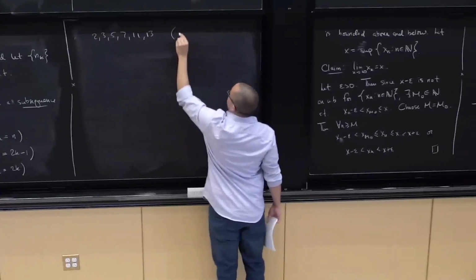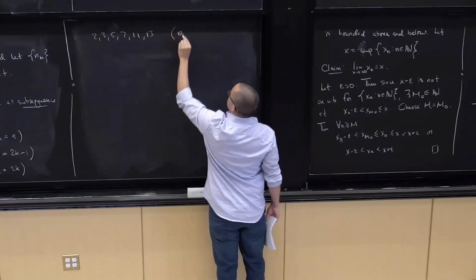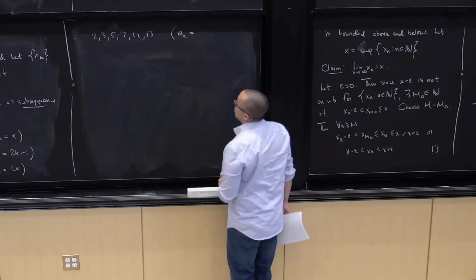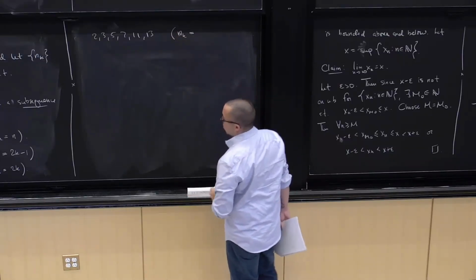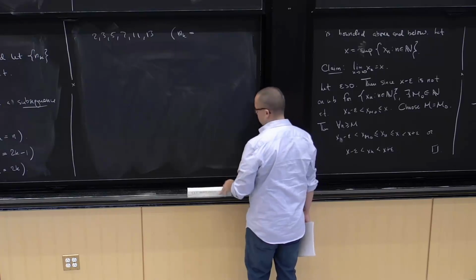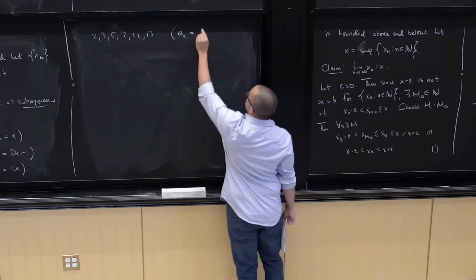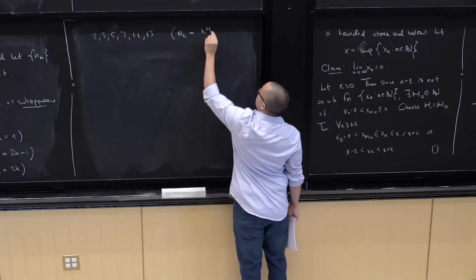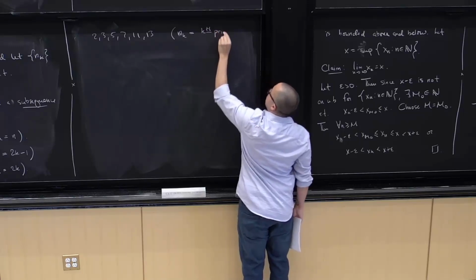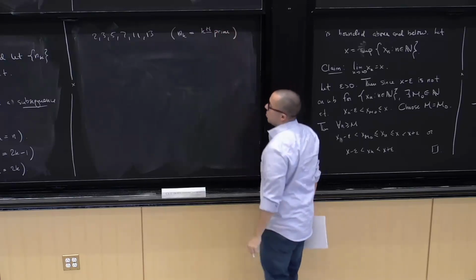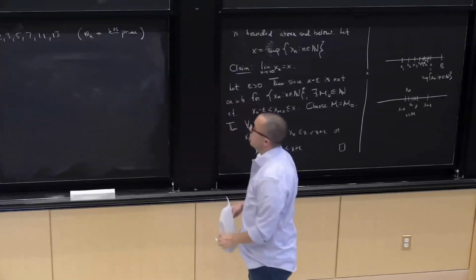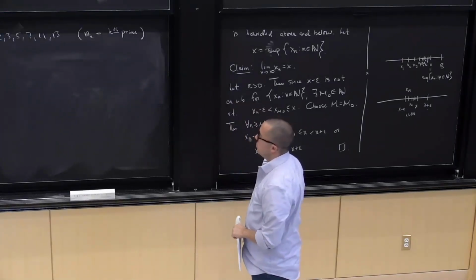And the increasing sequence, yeah, so I don't have a general formula for that. Good luck finding one. But we'll just write this as the kth prime number. Okay?